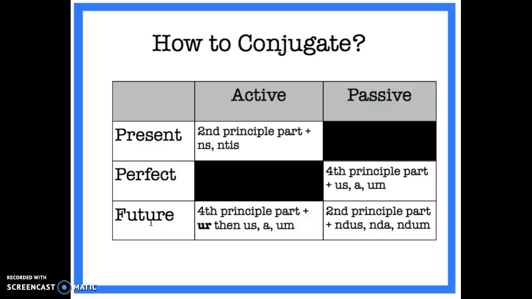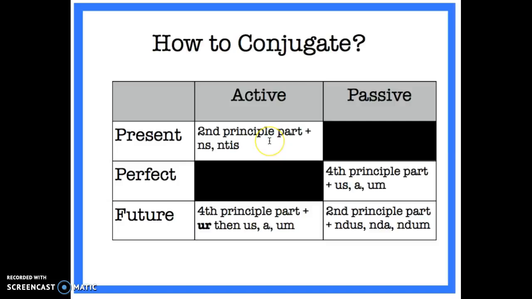We can only do these in three, and we can't even get all six of them. The passive present and the active perfect are blacked out because they simply don't exist. So there are only four. There are the three tenses, the present, the perfect and the future, and then the active and the passive.